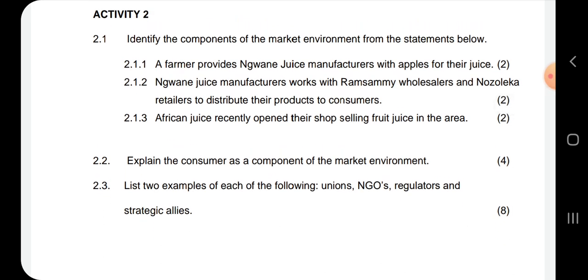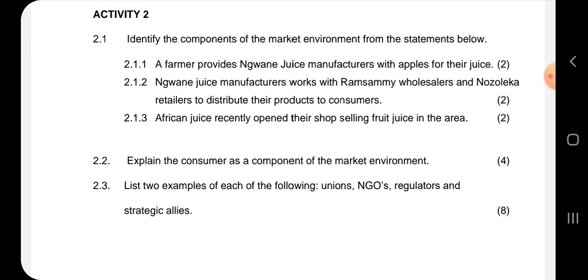A union, you can say COSATU. And then for NGOs, non-government organizations. Regulators, you can say maybe SARS or CCMA. And then strategic allies, you can say 2 businesses. Yeah, those are strategic allies.